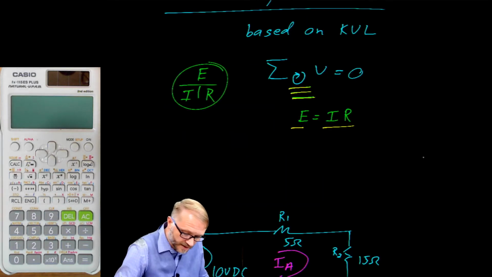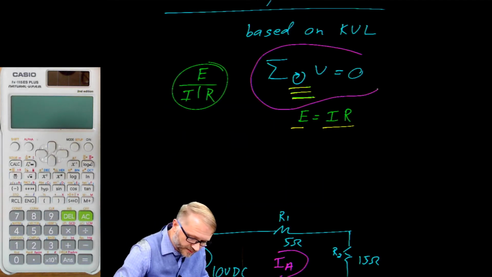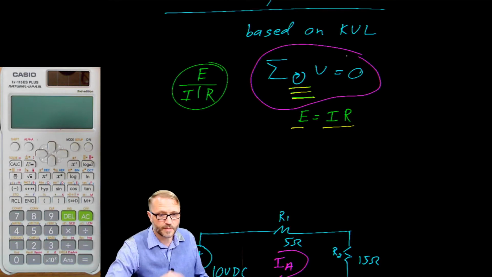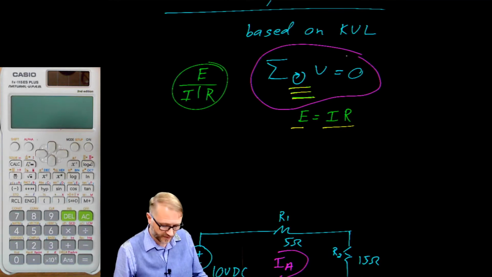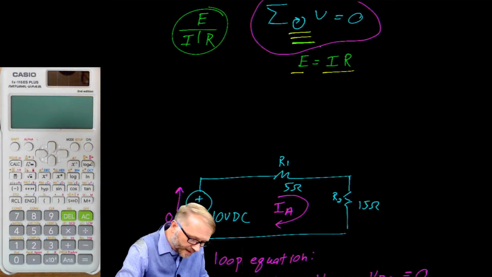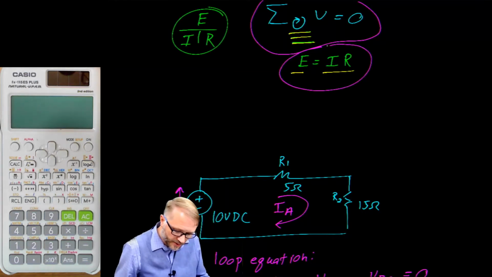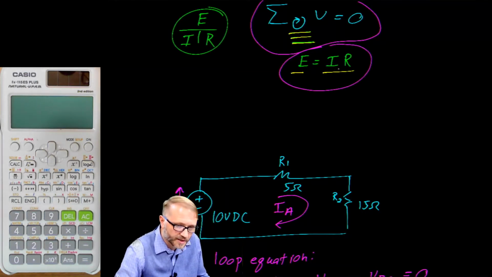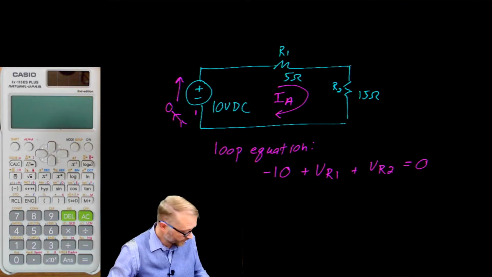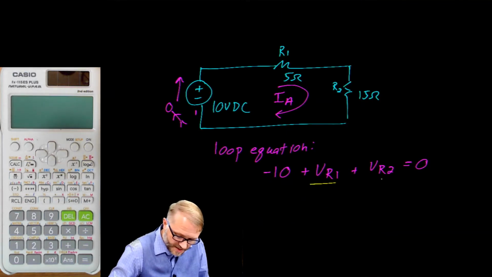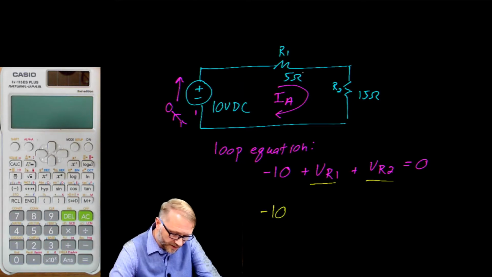So let's see. We did this piece where we said we walked around a loop. So we made a closed loop and we made an equation for that. Now we're going to go back and we're going to use this piece. And we're going to say that a voltage is actually a current times a resistance. That brings us to this. So negative 10. Now we could talk about the voltage on R1, but we said it's a current times a resistance.